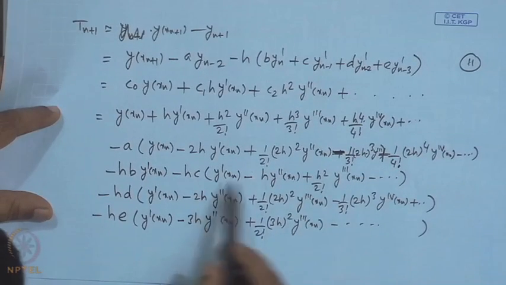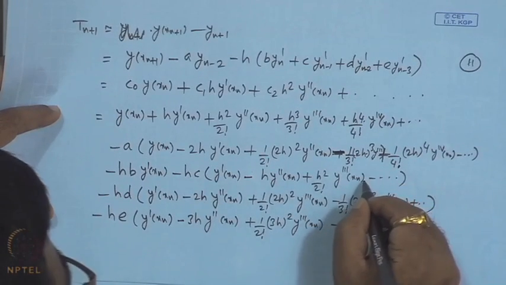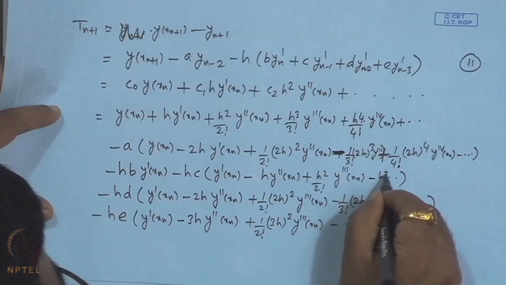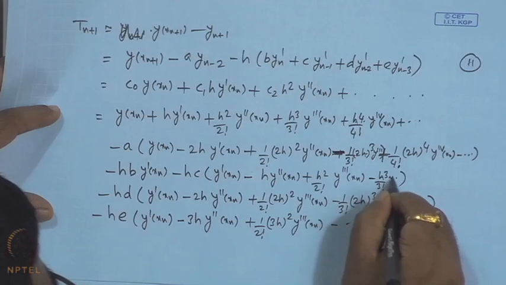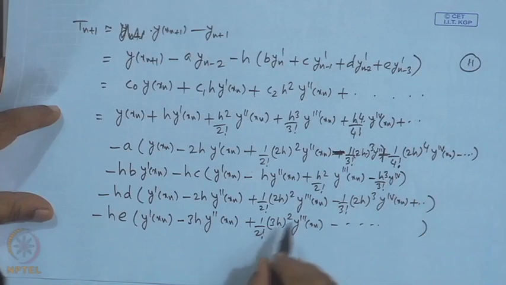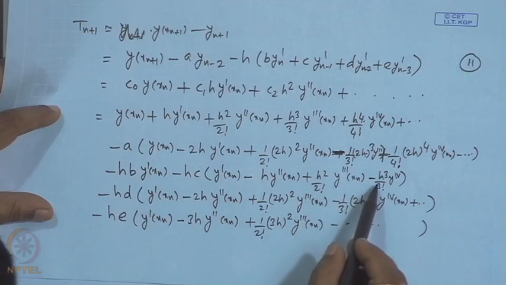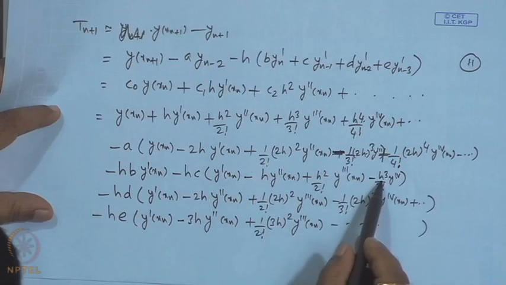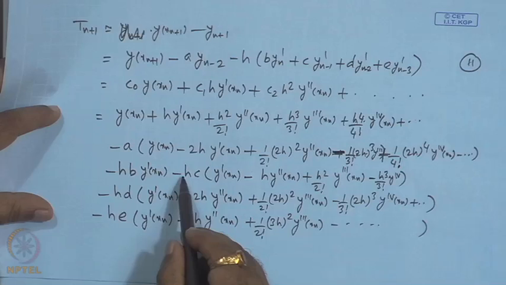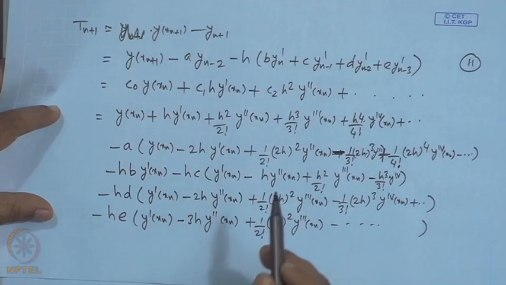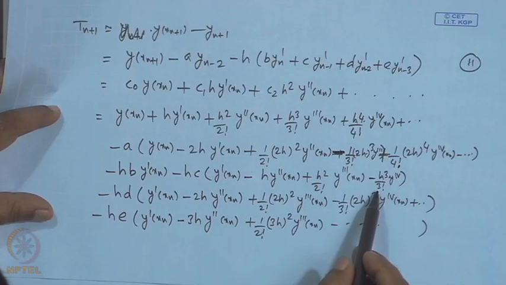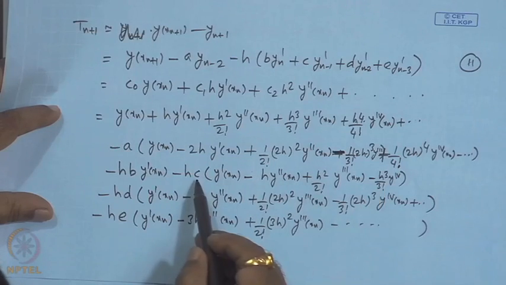So, then here h 4. So, this will be minus h cube by 3 factorial y 4. Okay. So, h 4 with a plus sign. Okay. So, this will be 1 over 6 C.